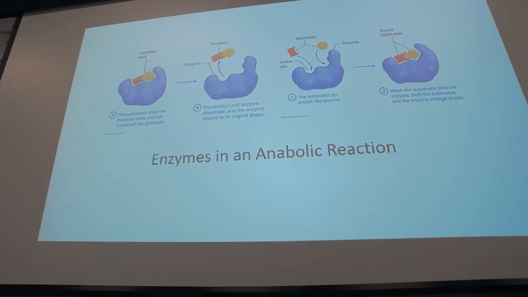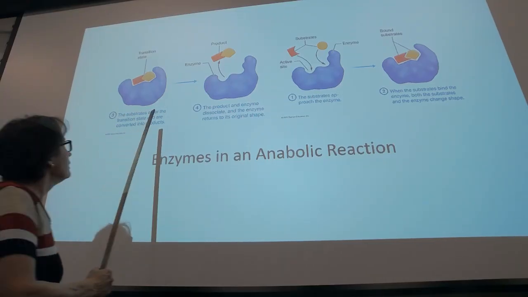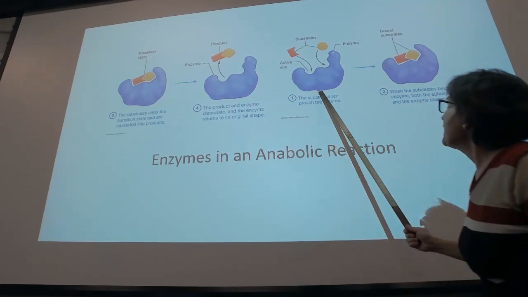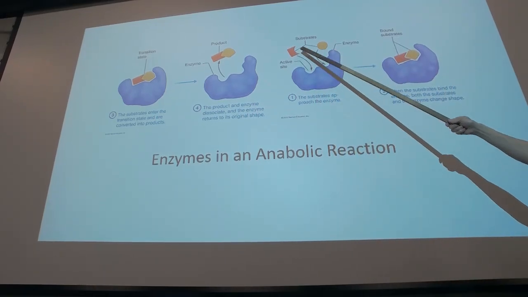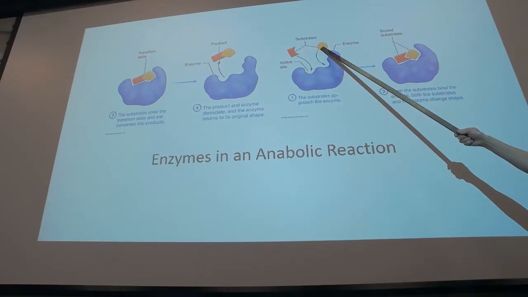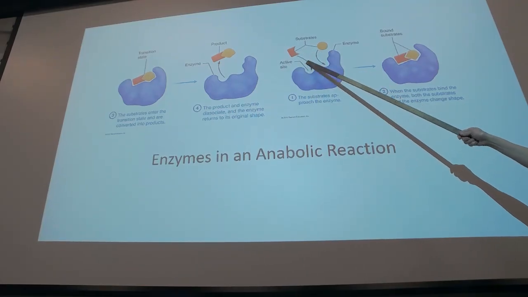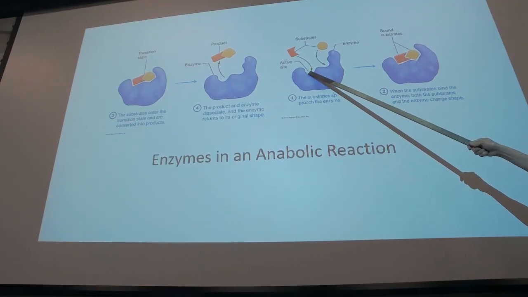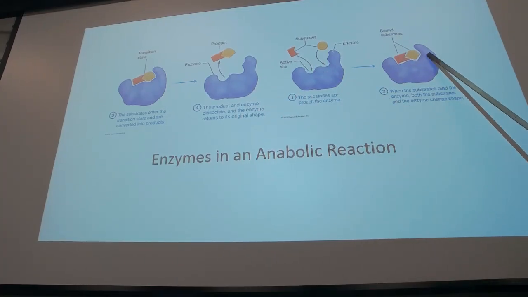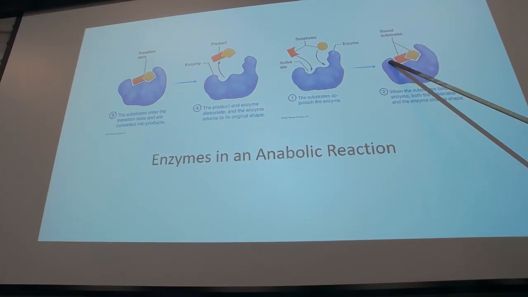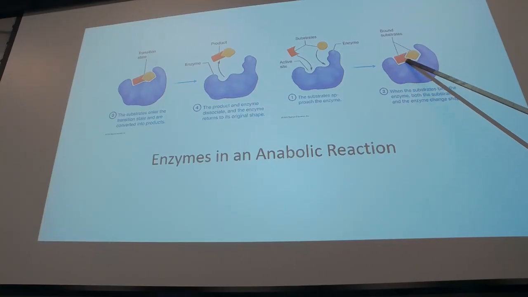So this enzyme grabs these substrates or reactants, puts them in a place of the enzyme that is called the active site, and then it changes its shape to bring these substrates together.